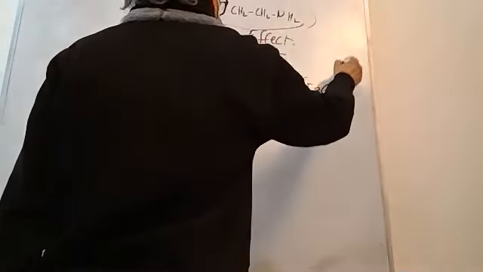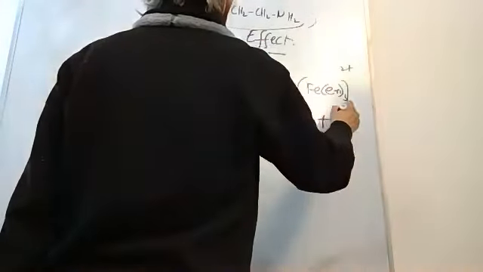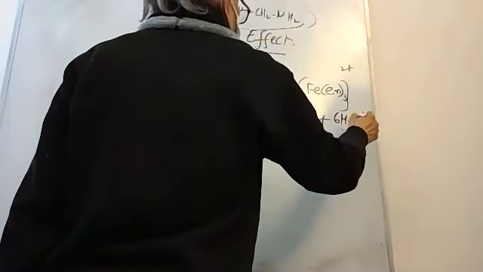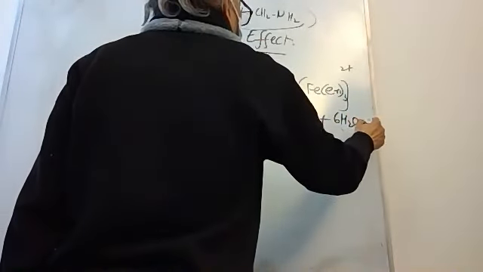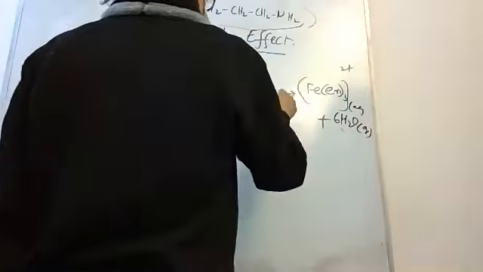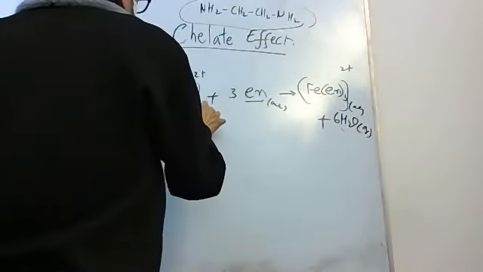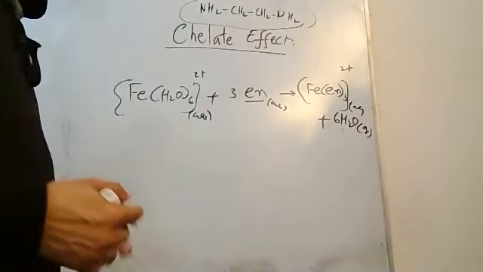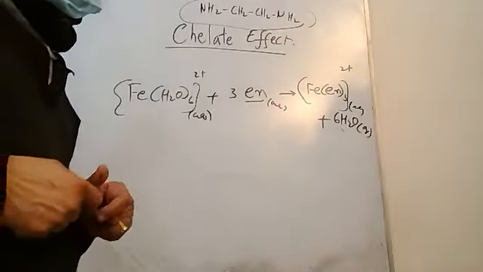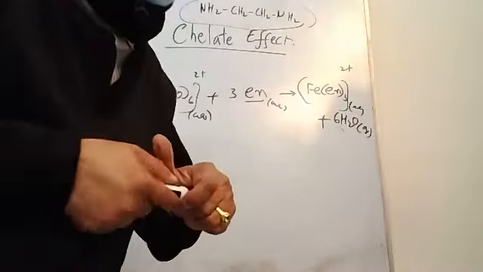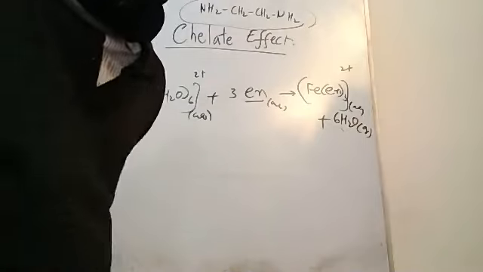All right. So when you make this complex, Fe(en)3 2+, plus 6 water molecules. These reactions are extremely favored.